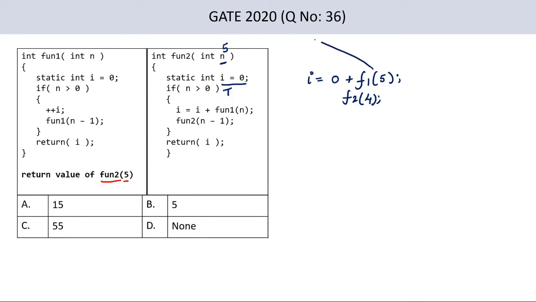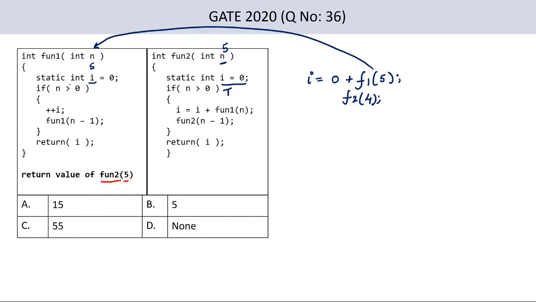When you call this function, you are calling function 1 with value 5. Again you will see this function also has a variable i. Is it possible? Yes, definitely. Two families can have the same name; two families can name their son James. Yes, it is practically possible. Both of them have the name i, their data type is integer, and both of them are static.